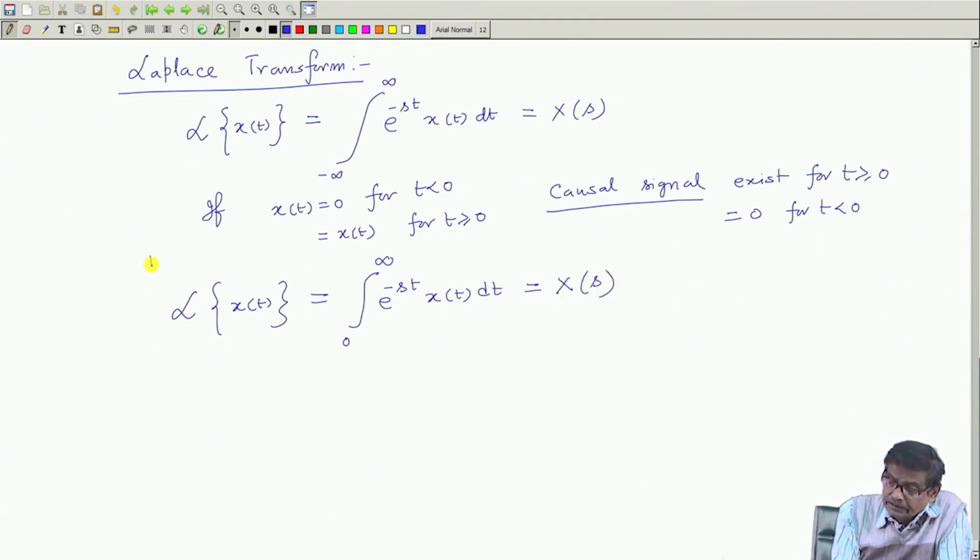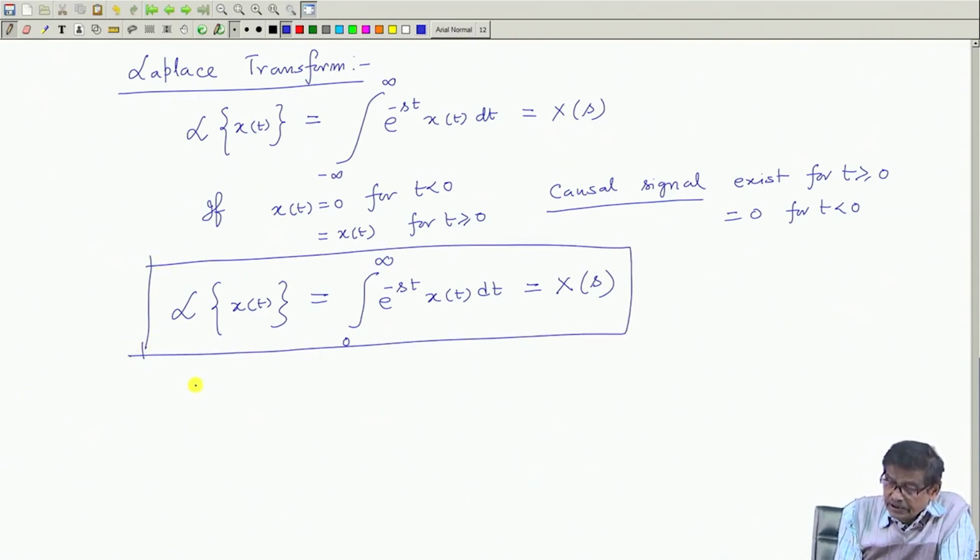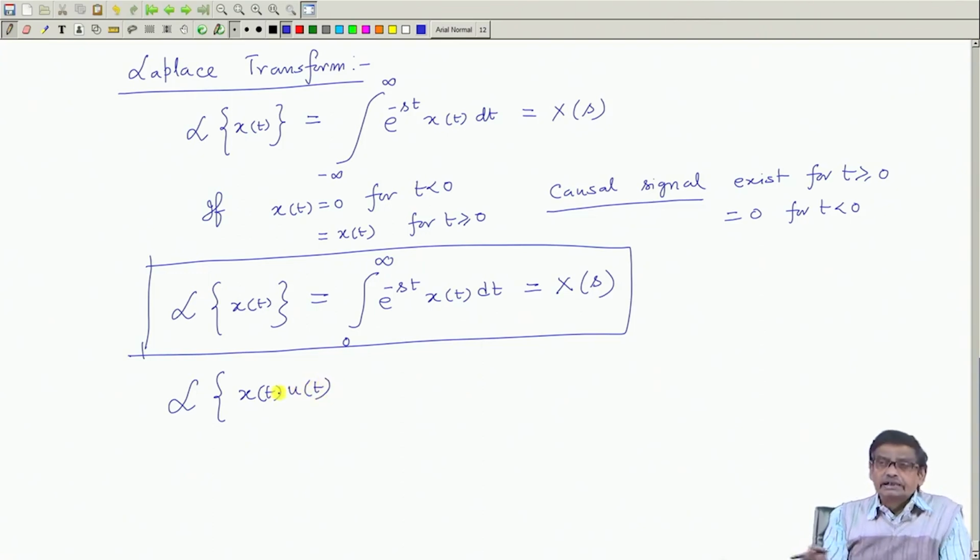So, in circuit problems we will be doing like this. In other words, what I am telling is, we are really finding out the Laplace transform of x(t) into u(t), because x(t) may be a general function for all time. I can compute the value of x(t), but make it a causal function. How can you make it a causal function? Multiply x(t) with u(t), then the whole function x(t) into u(t) will become equal to 0 for t less than 0, and equal to x(t) for t greater than 0, because u(t) is 1.